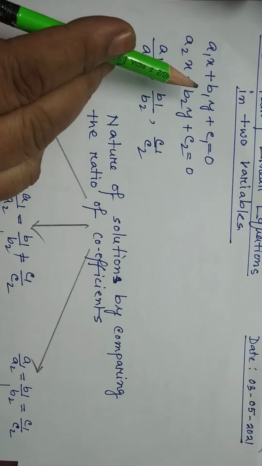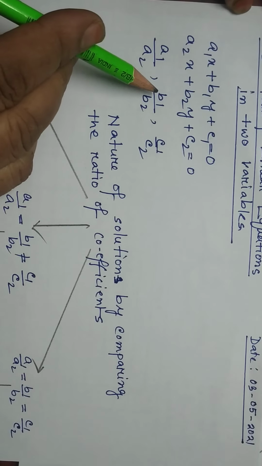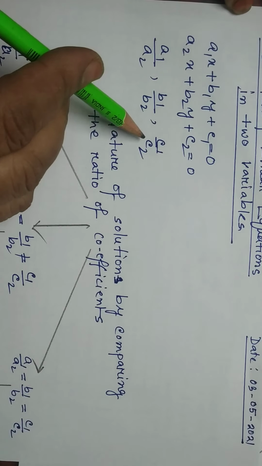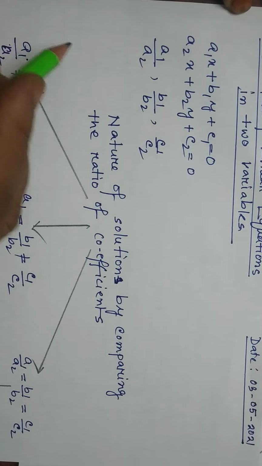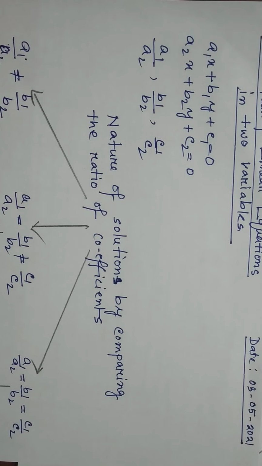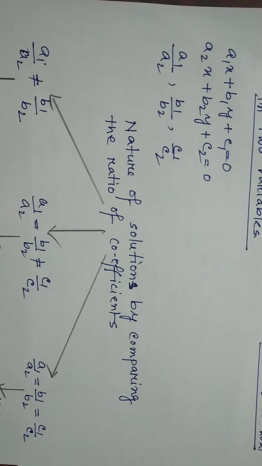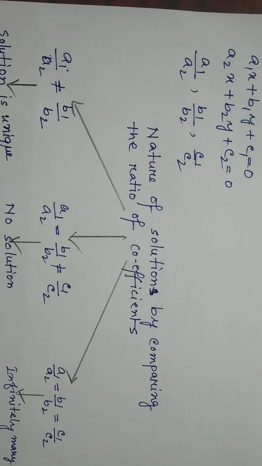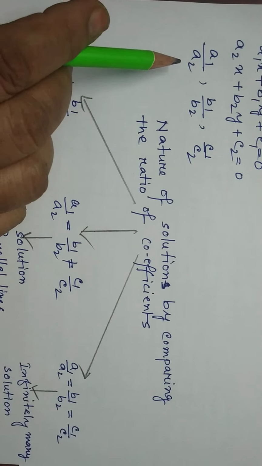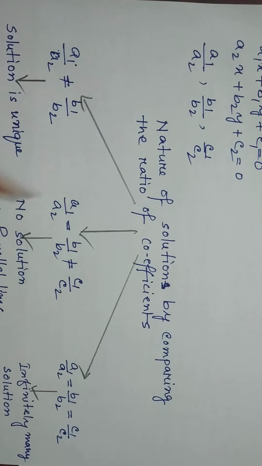The coefficient of y, b1 by b2, and the constant, c1 by c2. So their ratios will be a1 by a2, b1 by b2, c1 by c2.